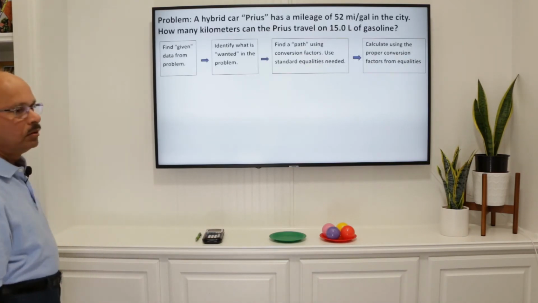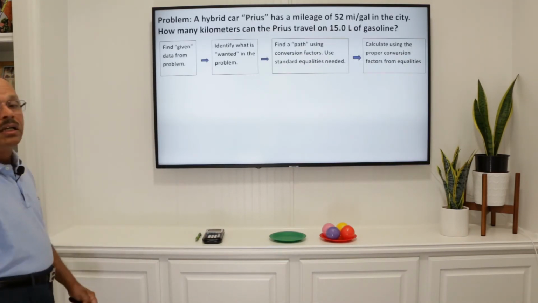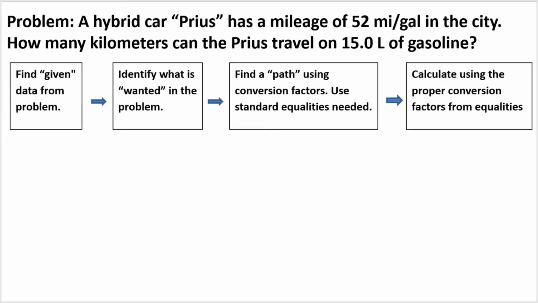Okay. Now, suppose we have a multi-step conversion. For example, this question: a hybrid car, Prius, has a mileage of 52 miles per gallon in the city. How many kilometers can the Prius travel on 15.0 liters of gasoline?